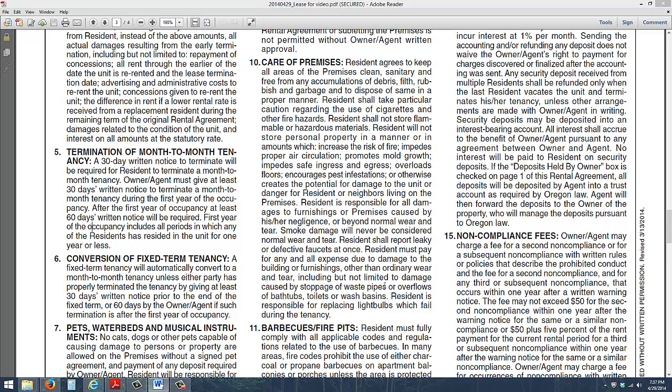Otherwise, you could be responsible for the cost of those things that happen, such as water overflowing from the tub continuously or the toilets. We would definitely hold you accountable if that was something that you could have prevented. And then over here it also mentions that you're responsible for replacing light bulbs which fail during your tenancy.